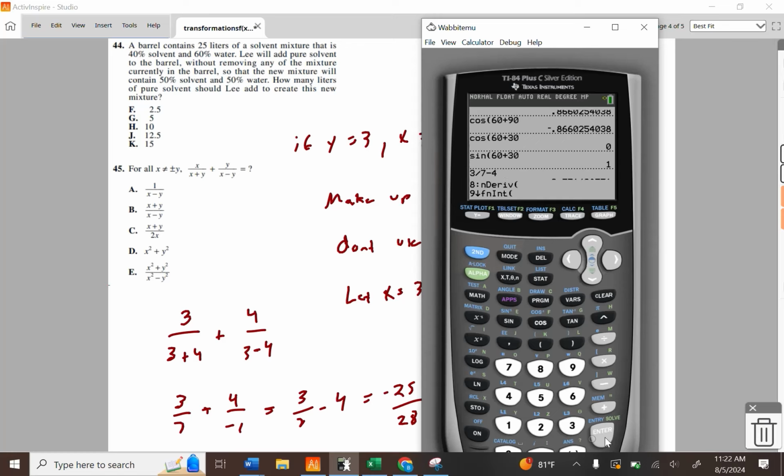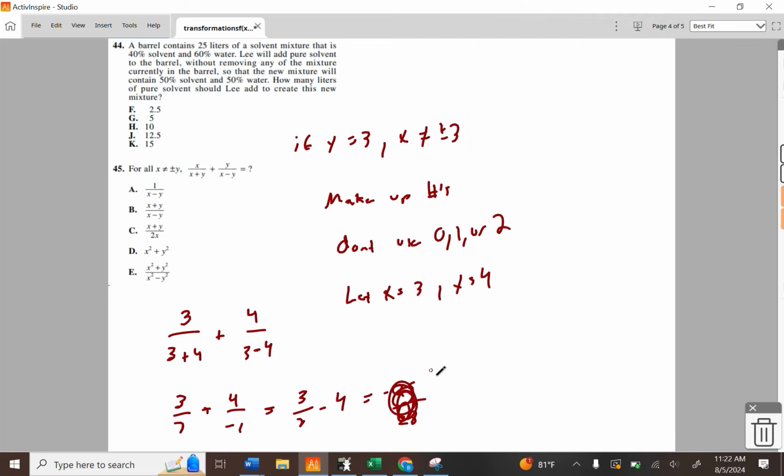I don't know why I said 28s. What's wrong with me? That should have been 7s. Something wrong in there. Anyways, that's what I get when I plug in a 3 and a 4.